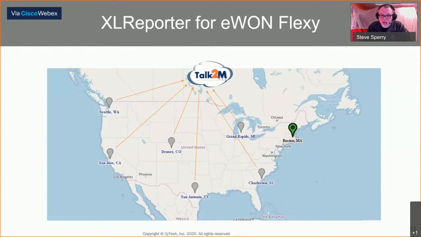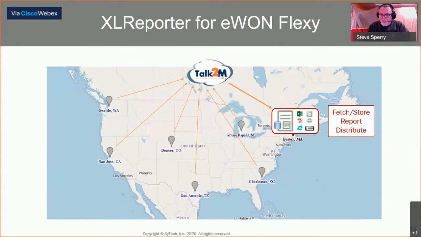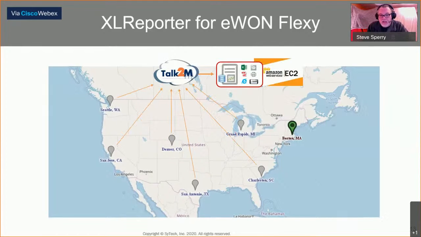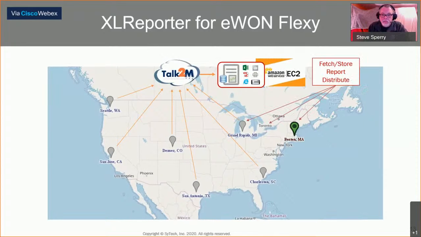And then using the data mailbox, we would be able to fetch and then store and redistribute those reports. And as I had indicated, another method would be to store and forward that information to a cloud service. So again, getting that historical data sent to an Amazon Web Service, for example, for persistent storage of that information and access to that data from any and all locations that would have secure access to that instance.